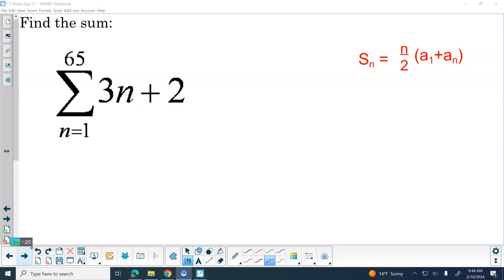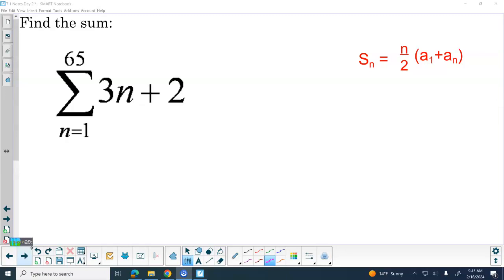The last term is on top. What do you mean? So 65 is the last term? No. Okay, so what did I say to find the last term? It's in your notes, I promise, from today. It's not the ending number.